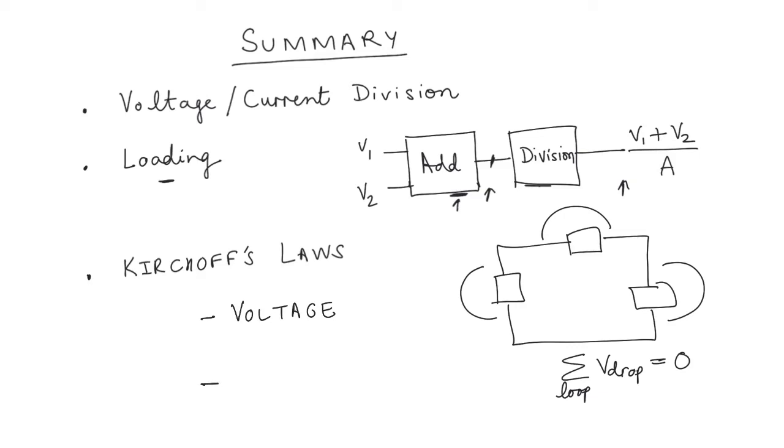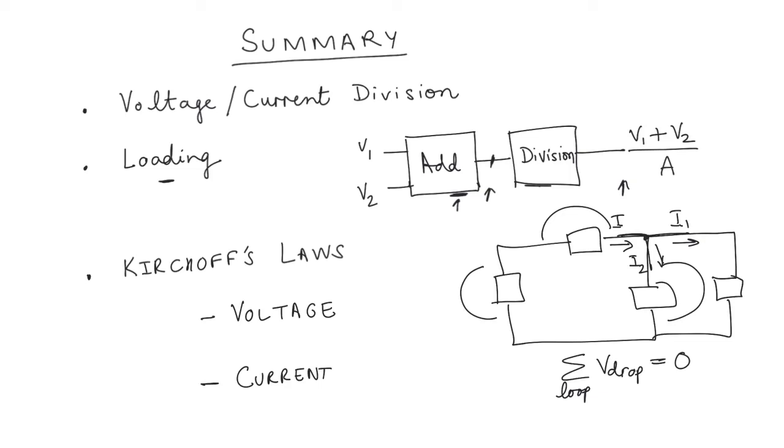The second law that we looked at was the current law. The current law states that if you have a circuit which has what we call a node, where you have three or more branches coming together, then whatever current flows into the node also has to flow out. So if this current was I, this current was I1, and this current was I2, then I has to be equal to I1 plus I2.